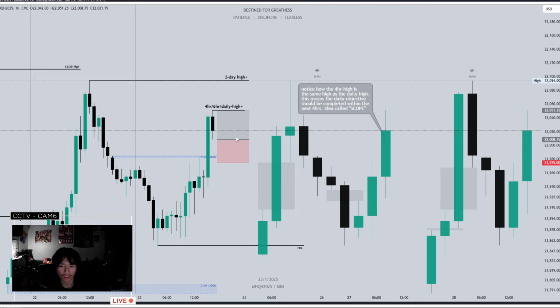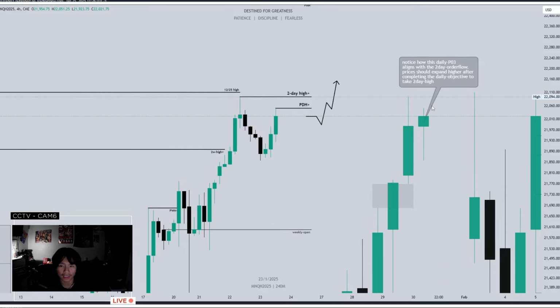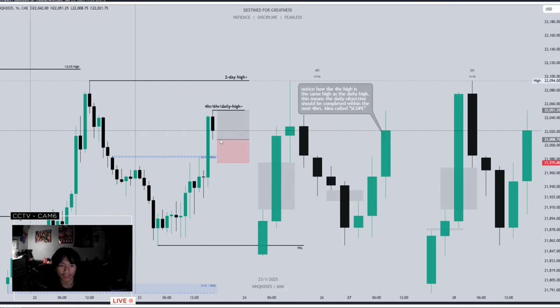So I take my entry here, and one thing that I do want to mention is that I'm anticipating the next daily candle to be at least an open, low, high, close, right? So we can target the previous day high and 2-day high. So my entry pattern is actually below the next daily's opening price.